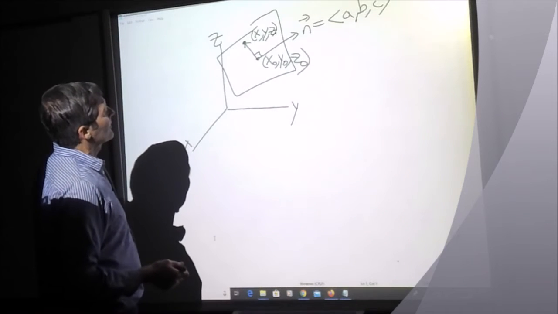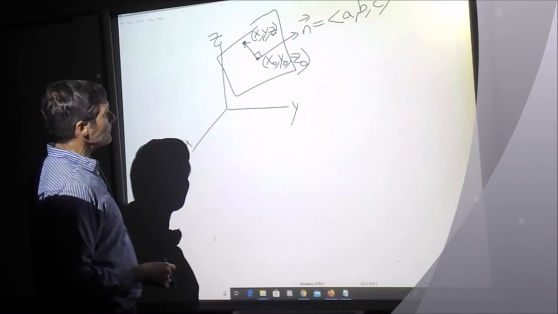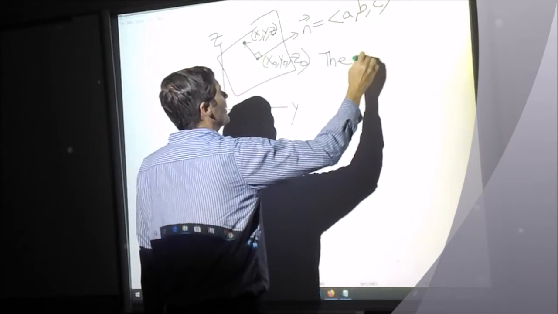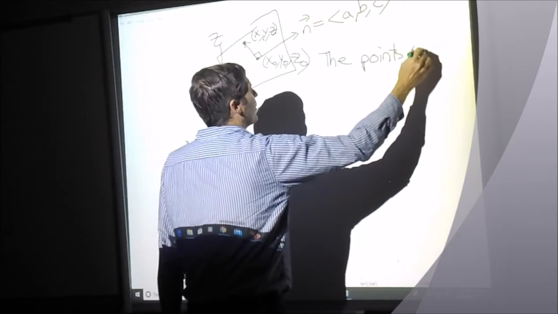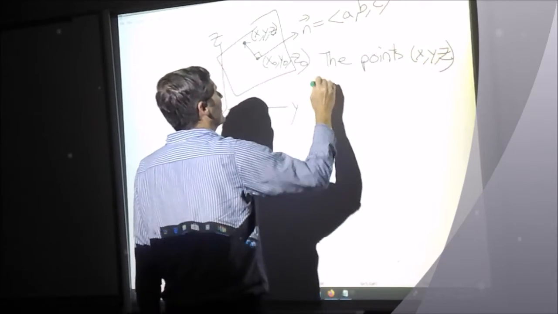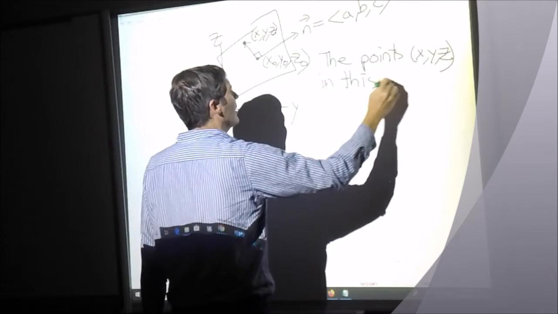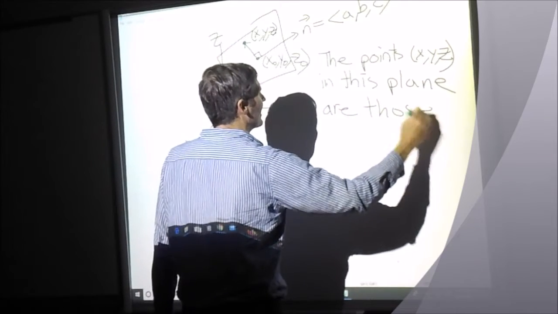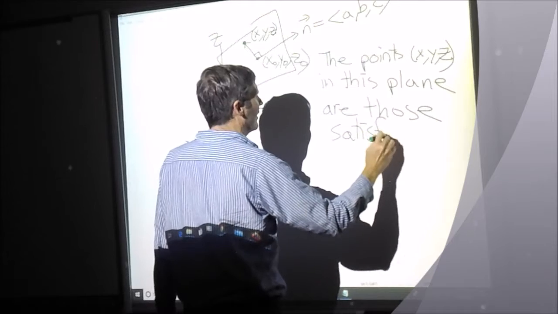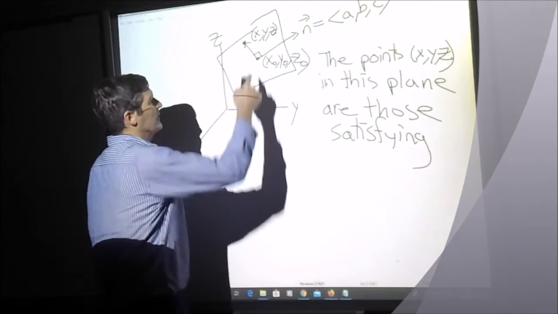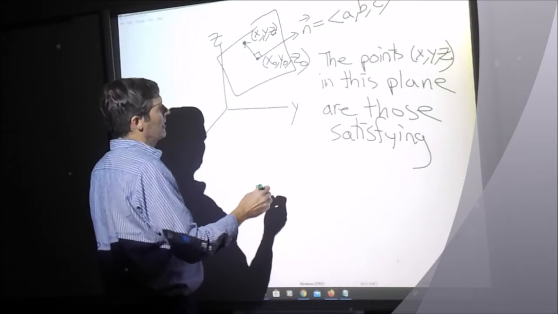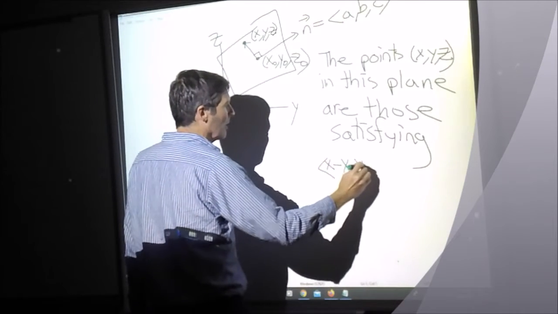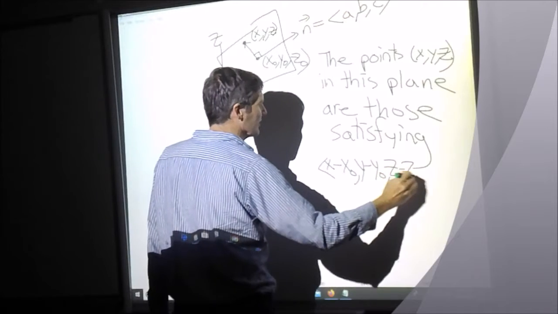Now how do we do this? We simply say that the points x, y, z in the plane are precisely those satisfying: the vector from x0, y0, z0 to x, y, z has components x minus x0, y minus y0, z minus z0.